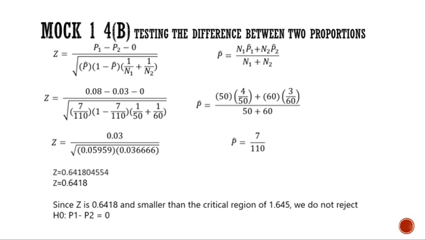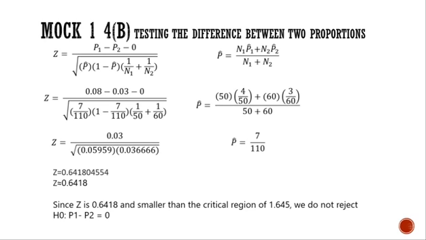n2. First we have to find the pooled p, where it is shown on the right: n1 times proportion p1 plus n2 times p2 over n1 plus n2. So our pooled p hat will be 7 out of 110.